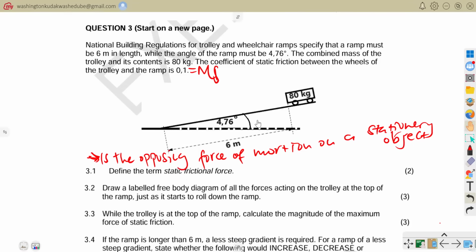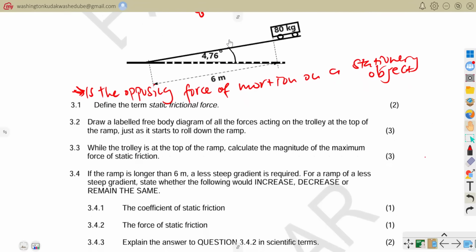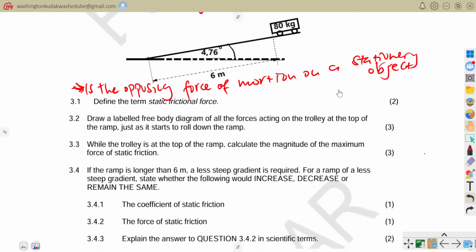Now they want us to draw a labeled free body diagram of all the forces that are acting here. The forces acting here are the weight, and then we would have the static frictional force, because they say that just as it starts to roll down the ramp, so the static frictional force would be in that direction because it is opposing the motion that wants to occur of rolling down.